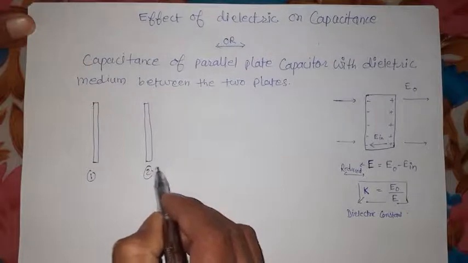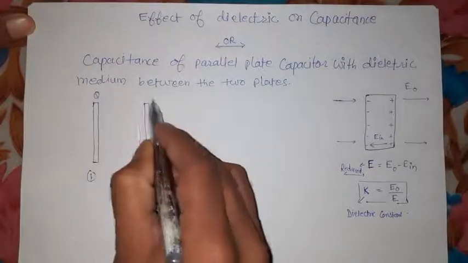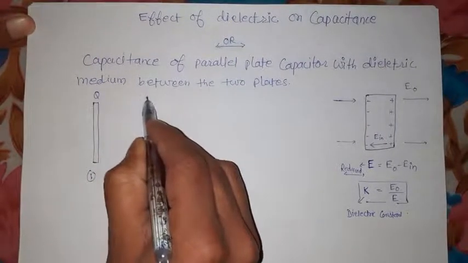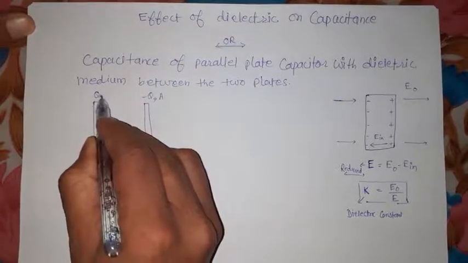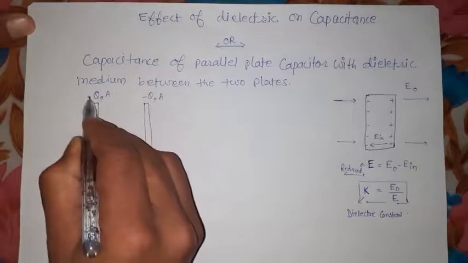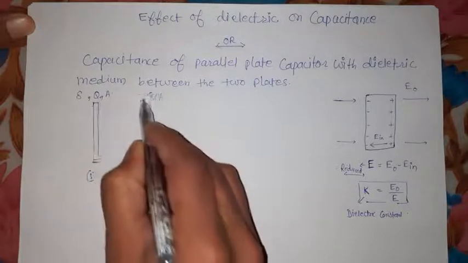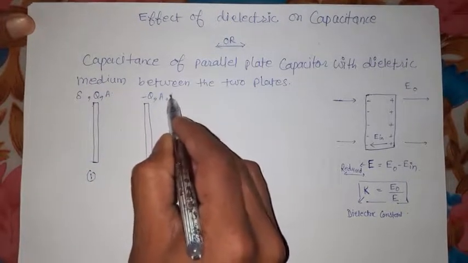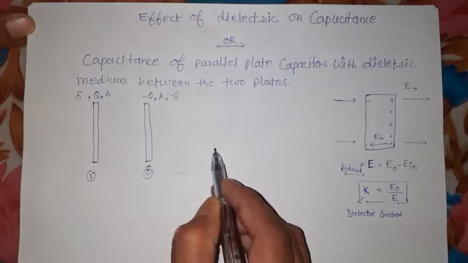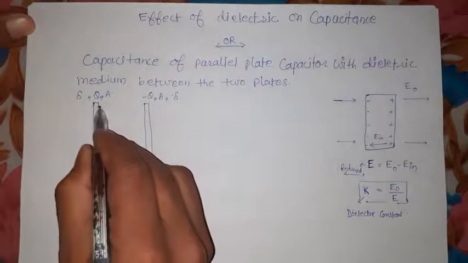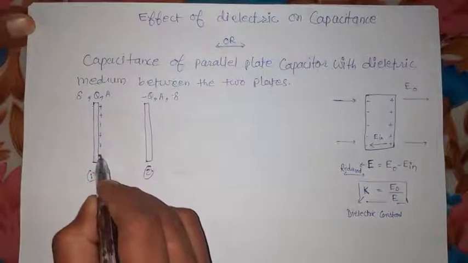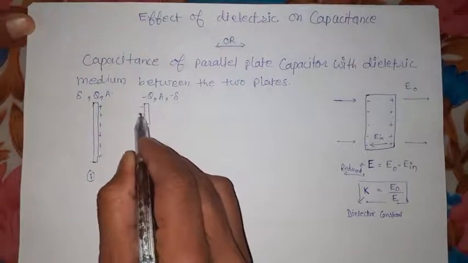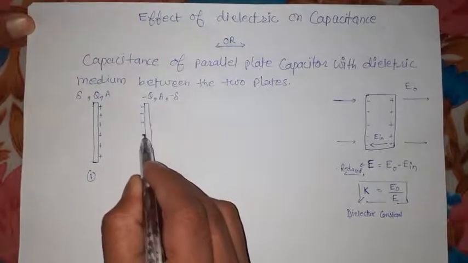They will have equal and opposite charge: one has plus Q, the other has minus Q. Both have the same cross-section area, and one has surface charge density sigma, while the other has surface charge density minus sigma. There is positive charge on one surface and negative charge on the other.